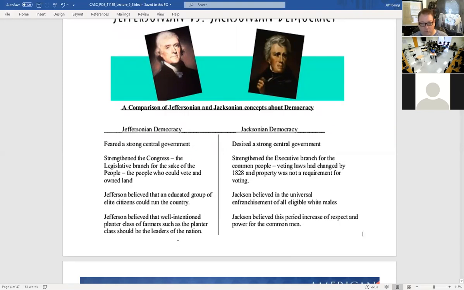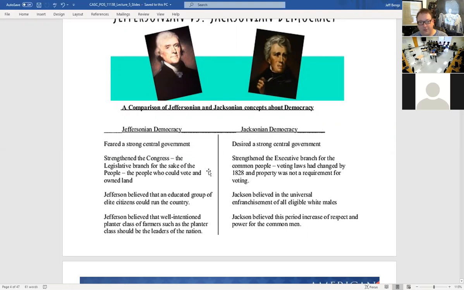And with more of these small community people that weren't as educated as the plantation owners and the wealthy, it would be a much better representative government.